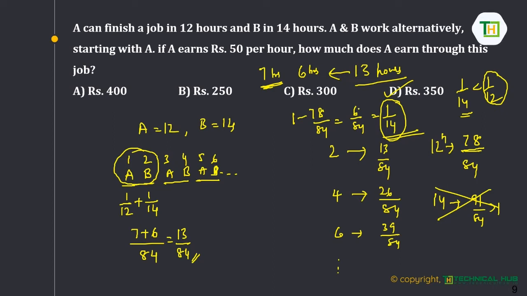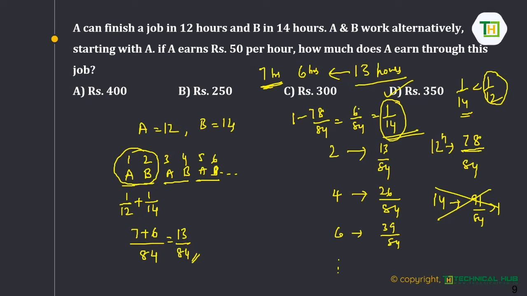We know that the work is started by A and he works on odd-numbered hours. So after completion of 12 hours, in the 13th hour A is going to work. The capacity of A is he can finish 1/12 of the work in one hour, and the work remaining is only 1/14, so he can finish that 1/14th of the work in 1 hour. That means within 13 hours, the work is going to be completed.